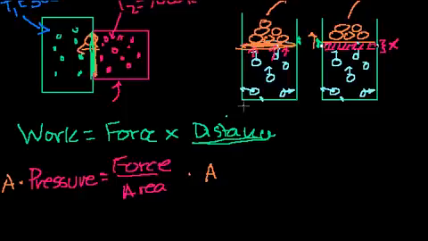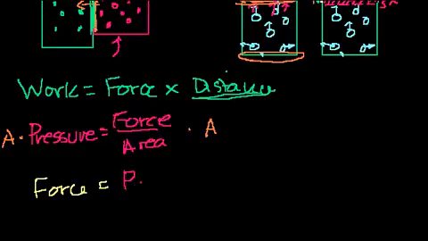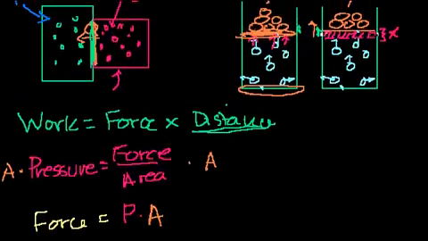It has some area. It's probably the same area as the base of the container. So we could say that the force being applied by our system, let me do it in a new color, is equal to the pressure of the system times the area of the ceiling of our container, of the piston.